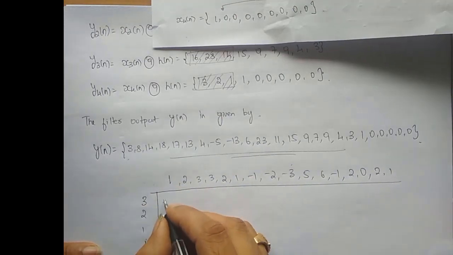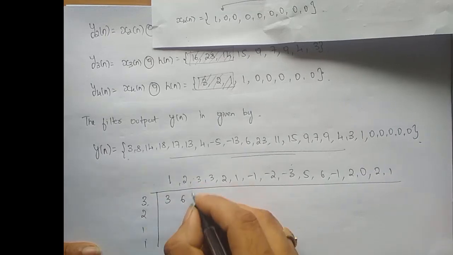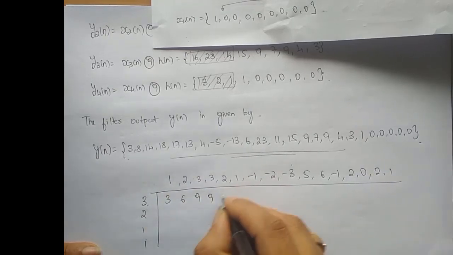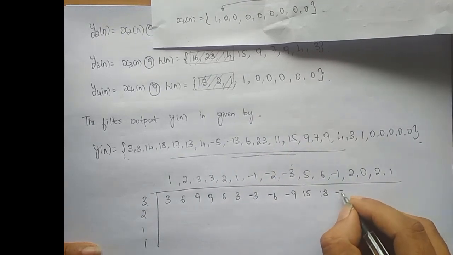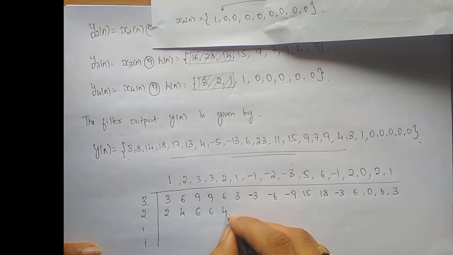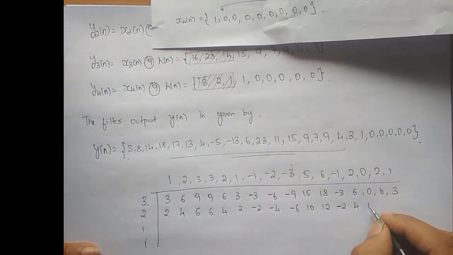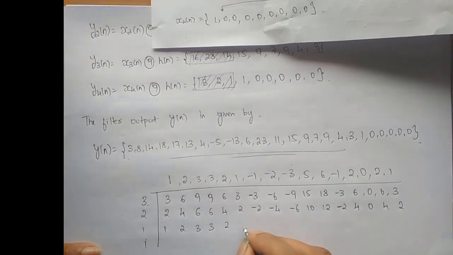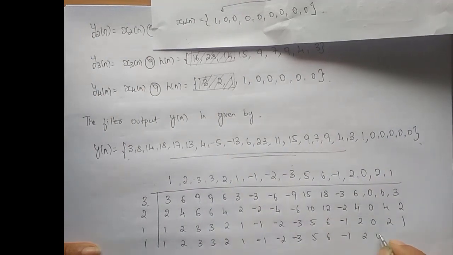So 3 times 1 is 3, 3 times 2 is 6, 3 times 3 is 9, 3 times 3 is 9, 3 times 2 is 6.